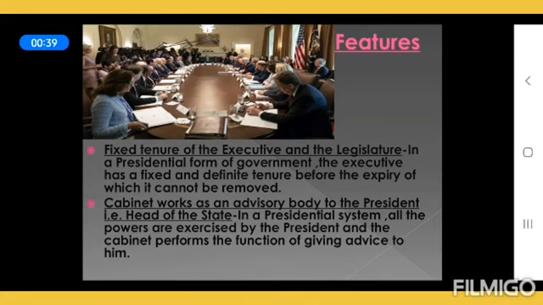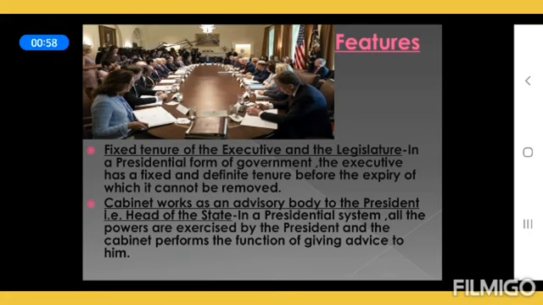Okay, so we can also say that the president has a fixed and stable tenure. He holds office for a definite and fixed period, which is like 4 years.